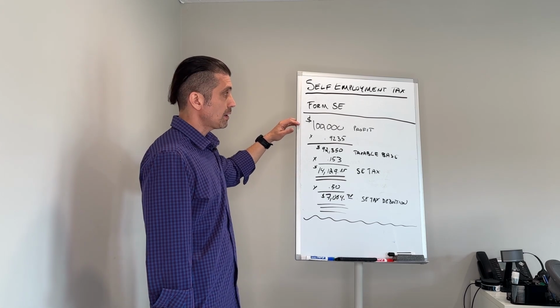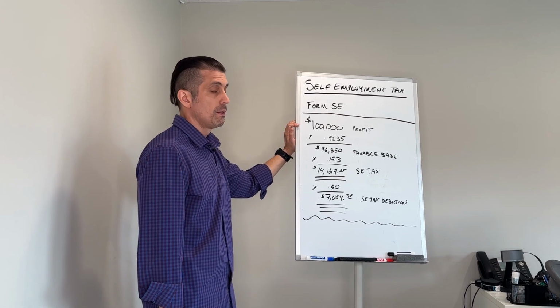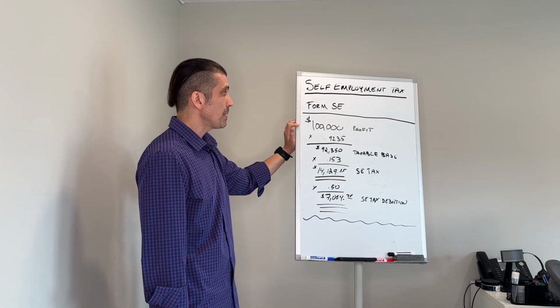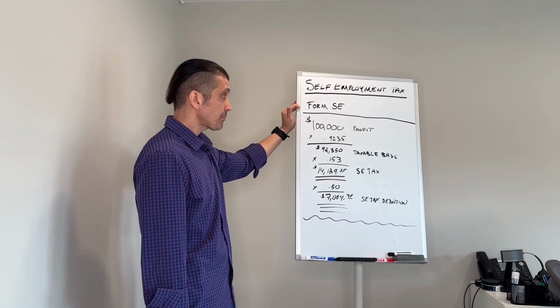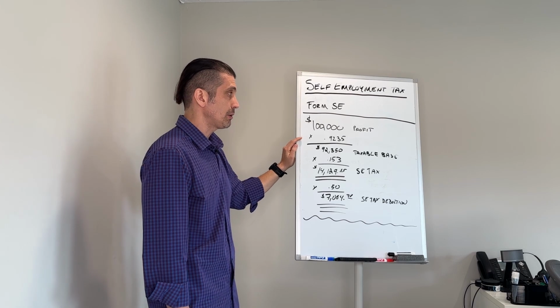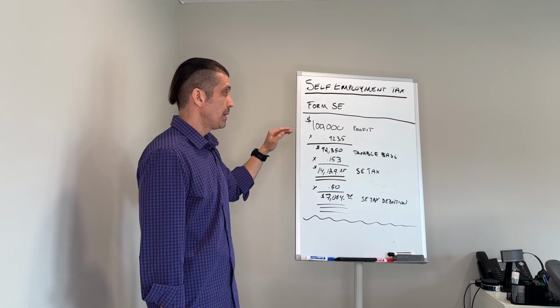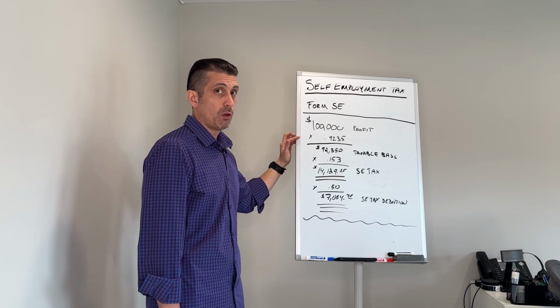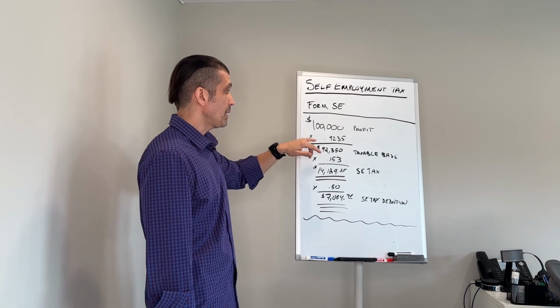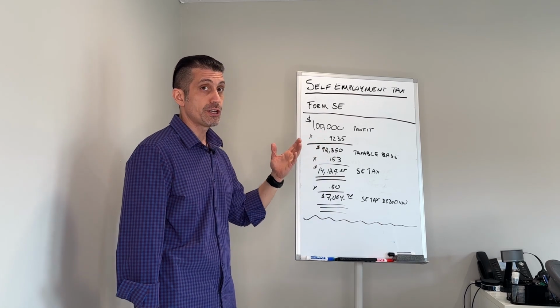So 100,000 comes in either from your Schedule C or from your partnership, and now it's jumping to your Form SE, and now it's going to actually start calculating the self-employment tax. Fortunately, they do give you a small break. The break is what I call a shave down.